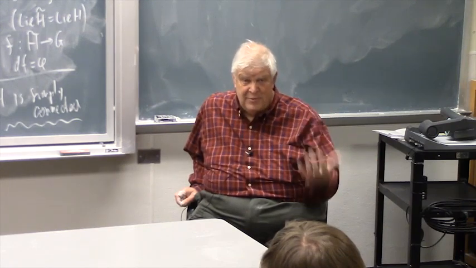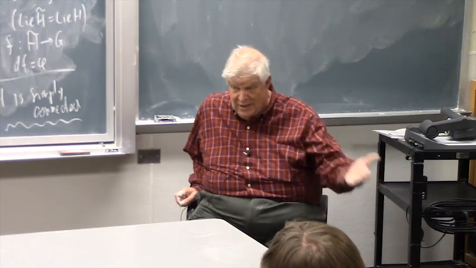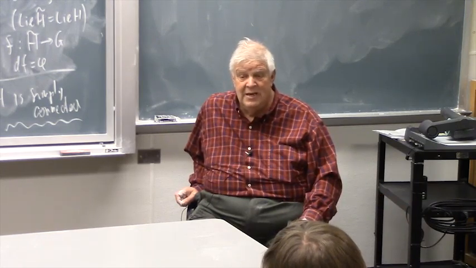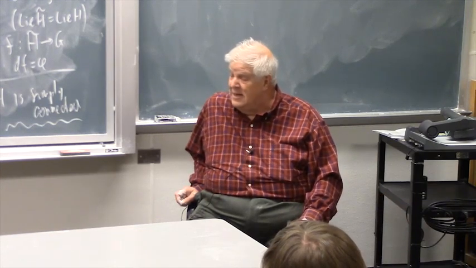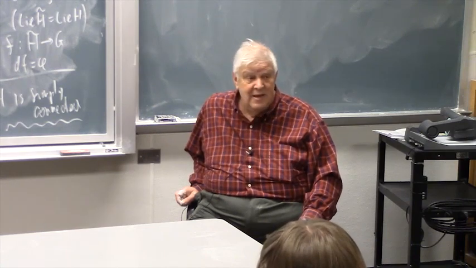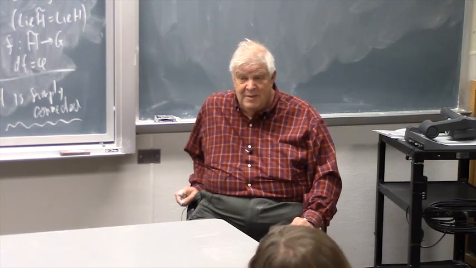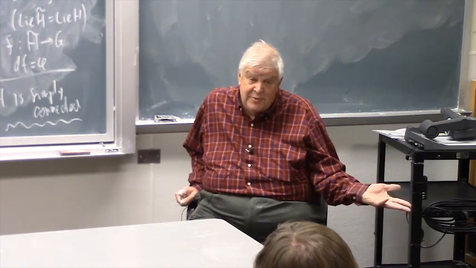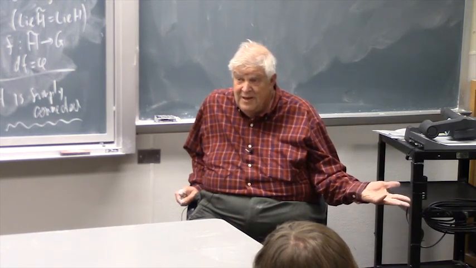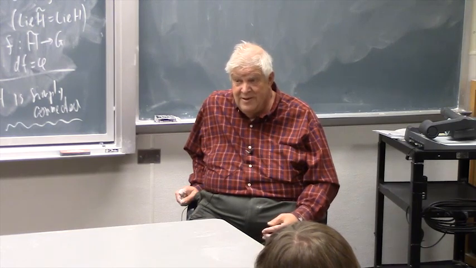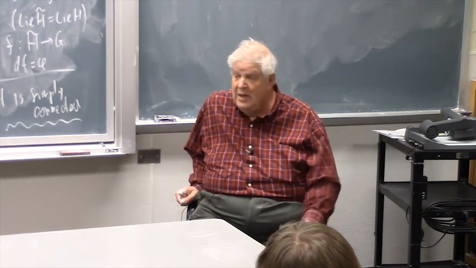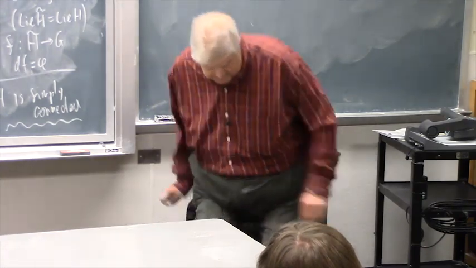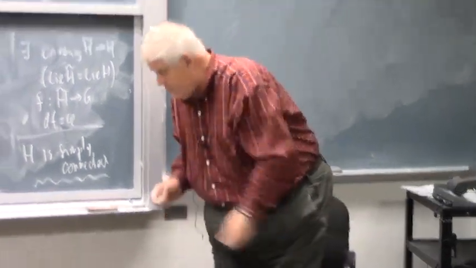You have a homomorphism between two Lie algebras, and if H is simply connected, then yes, there is a homomorphism of Lie groups with this differential. And that's all. Now let's turn to the proofs. For A, it is very simple.